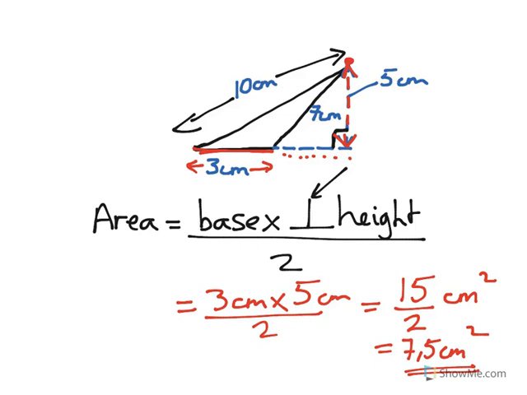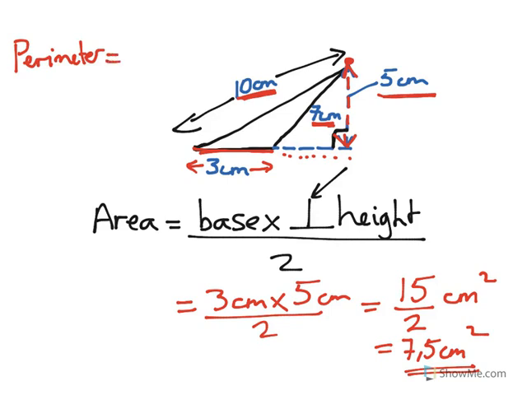But I would need to know the length of this 10 centimeter and this 7 centimeter side if I asked you to work out the perimeter. This vertical height doesn't help you at all if you're working out the perimeter of the triangle. So if I asked you to work out the perimeter, you need all the different lengths of the triangle.